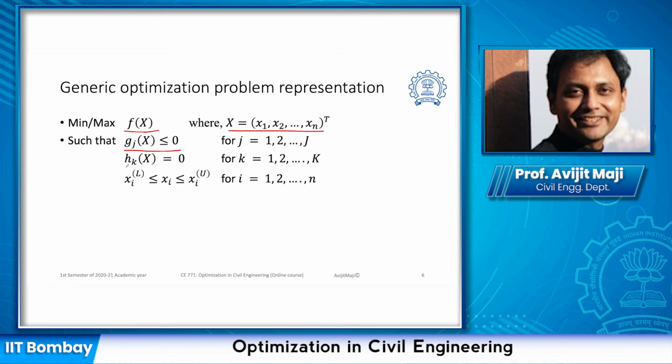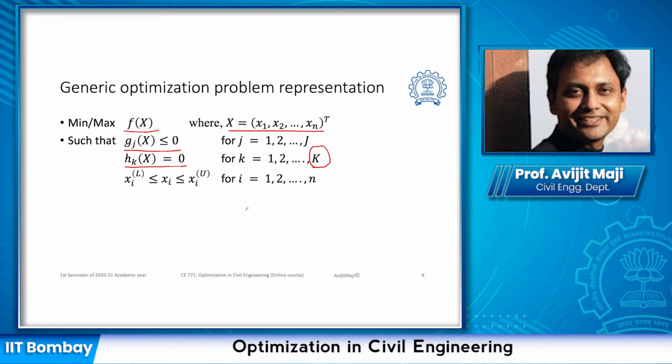Similarly, the constraint could be of equality nature, or we call it equality constraint. In this case, the constraint is equal to 0, and we can have more than one such constraint. In this case, you see that we have k number of equality constraints.